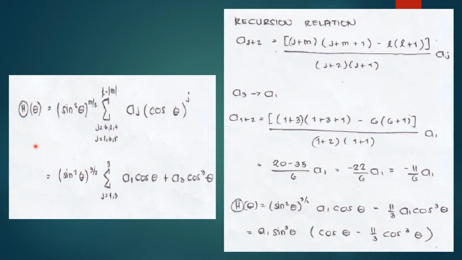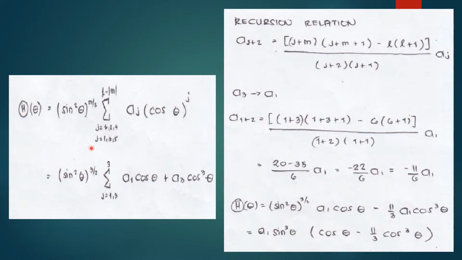Substituting the values of n, l, and m, we now get sine squared raised to 3 over 2 times the summation of a1 cosine theta plus a3 cosine cubed theta. l minus m will give us a value of 3. So the values that j will be using is from 1 to 3.